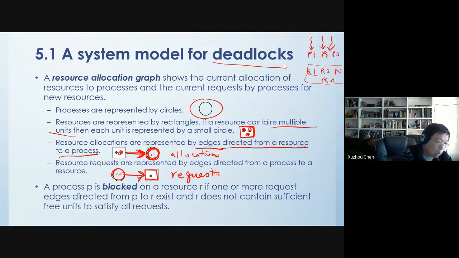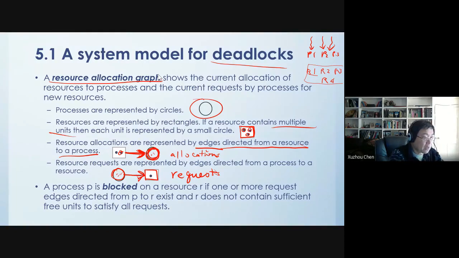That's why they use the resource allocation graph, to show the current allocation of resources to processes and the current requests by the processes for new resources. This graph gives you an overall picture of which processes are holding which resources and requesting which resources.